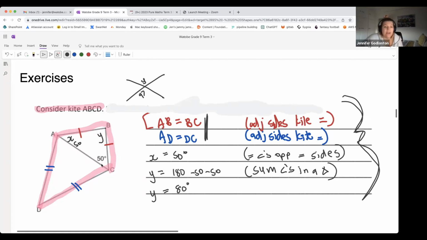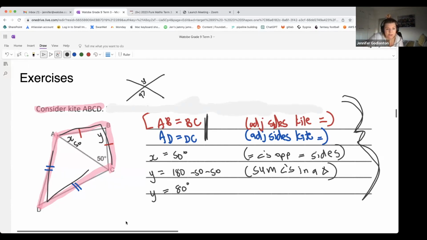Okay, so the reason we can write those is because we know that this is a kite. And because it's a kite, we know that those two lines would be the same and those two lines would be the same. Oh, okay. So we're using our knowledge of the properties of a kite to write those first two lines. Yes. We know that DC is equal to AD because it's a kite.